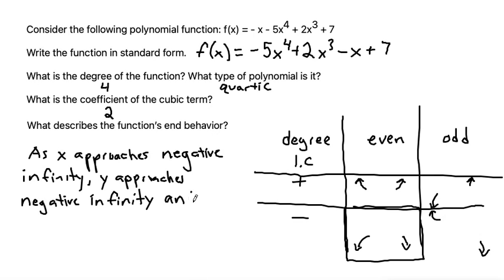And another way to write this, when we say as x approaches positive infinity, y would approach, it's still going down to the right, so y would approach negative infinity. So I first wrote the first one as words, and the second one I wrote more as symbols, but they mean the same thing, just to give you a couple of options of what to look for.